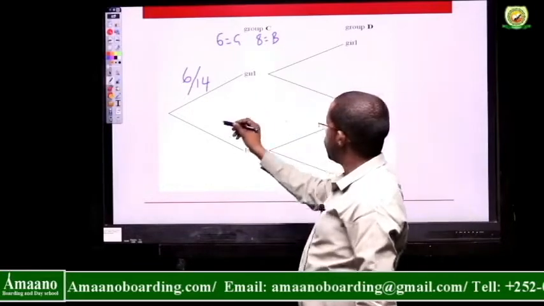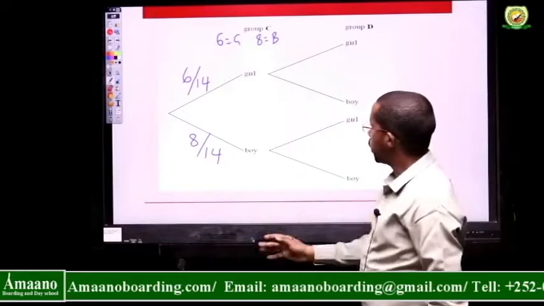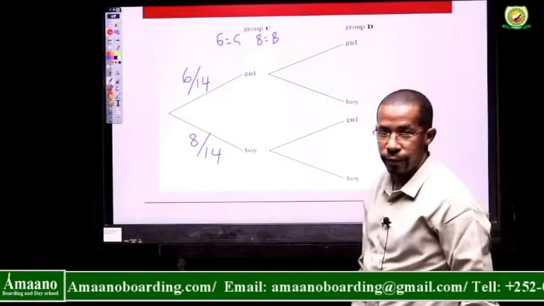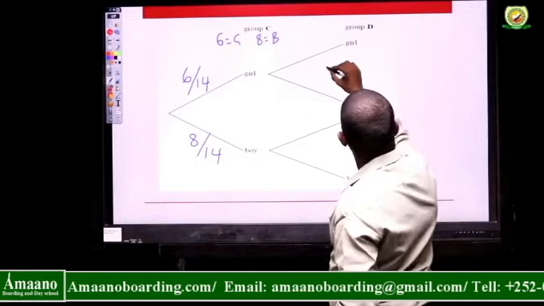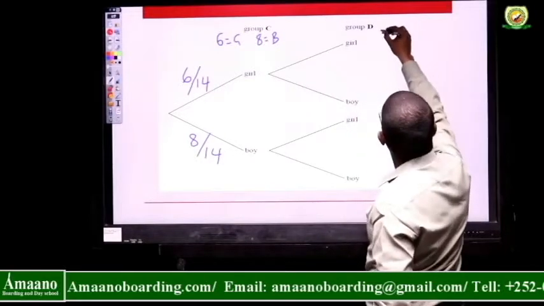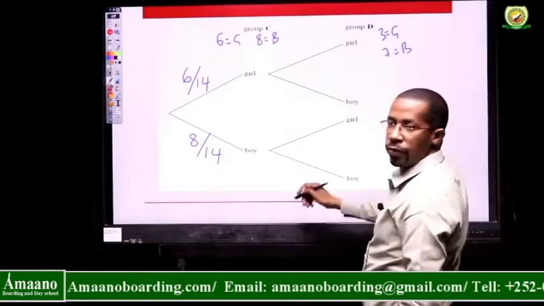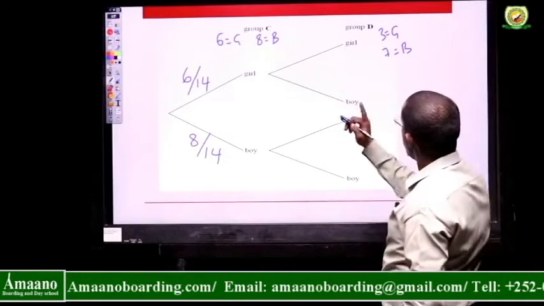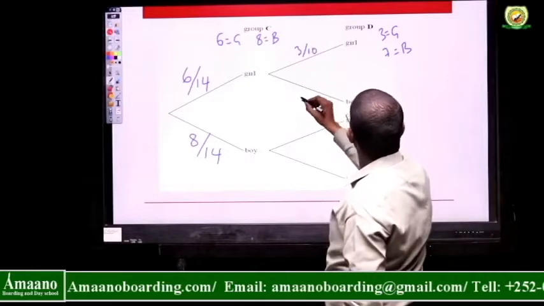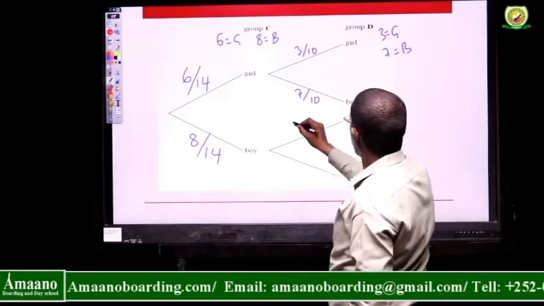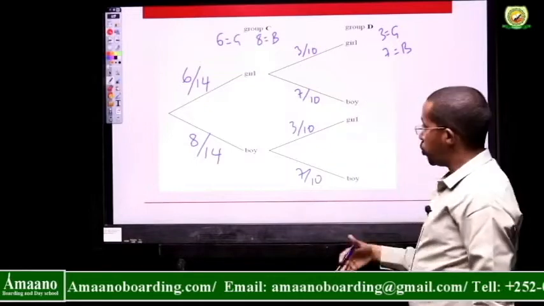Probability of a boy will be number of boys, which is 8 divided by 14. That's how you get these probabilities here. Then you could do the same here. Group D, I think we had 3 girls and 7 boys. So probability of a girl from Group D will be 3 over 10, and a boy will be 7 over 10. Then you do the needful.